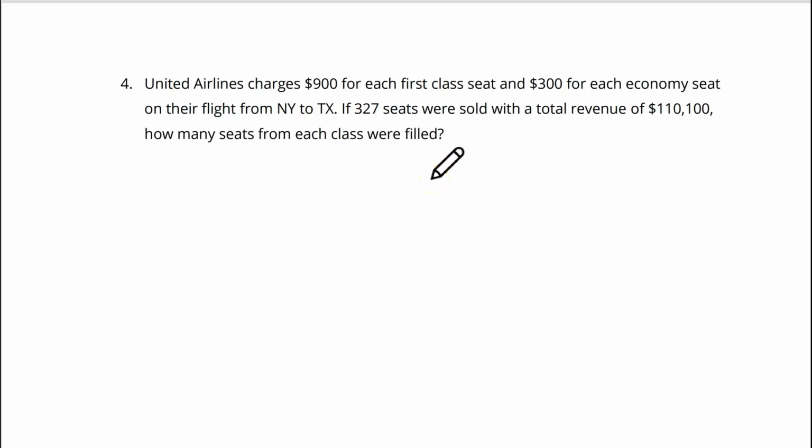So to solve this, we will first let x be the number of first class seats and y be the number of economy seats.